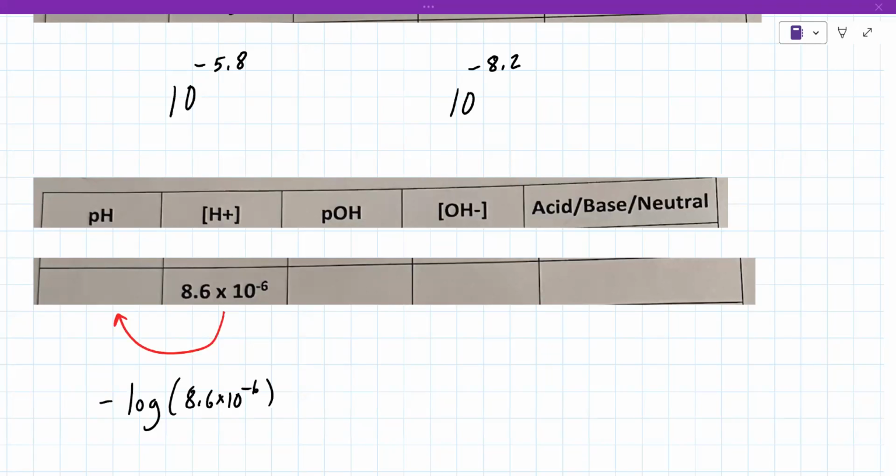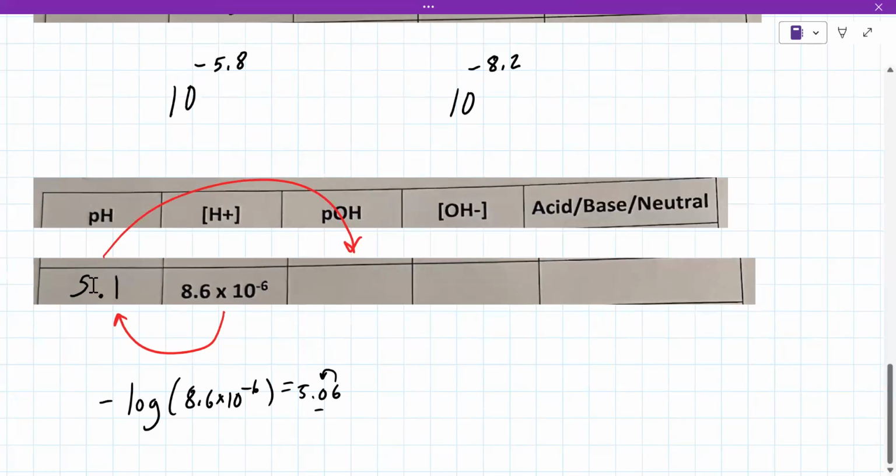Let's go to 1 decimal place on this one. It is 5.06. What does that round to? 5.1. And so from pH, you can go to pOH because the two have to add up to 14.